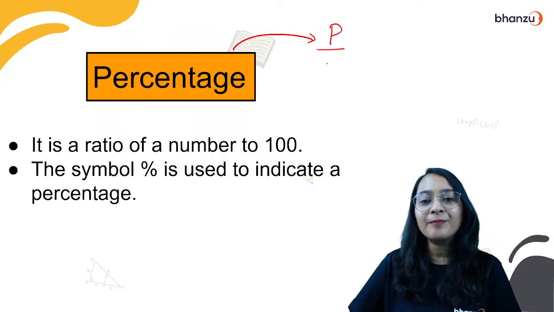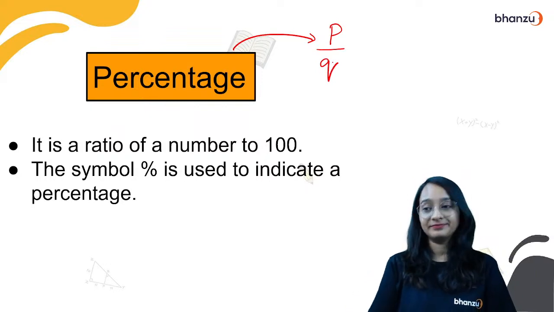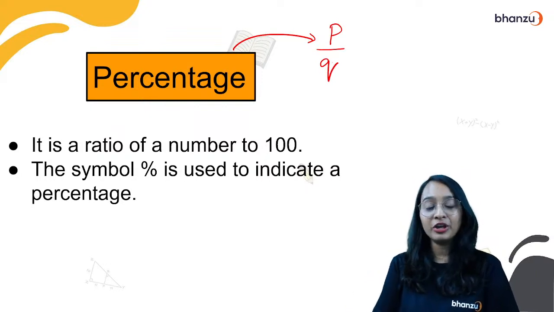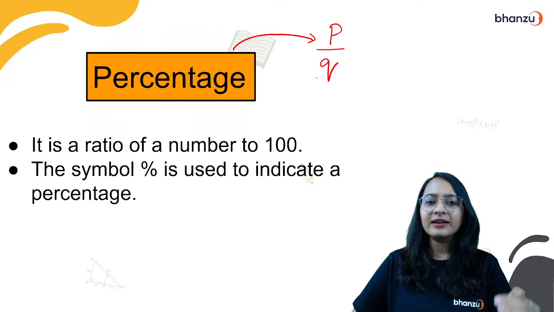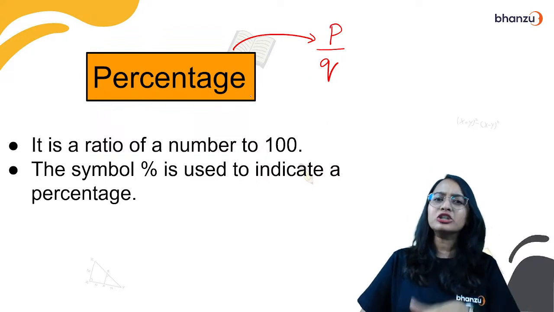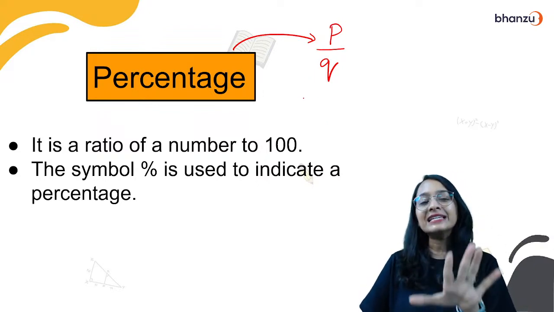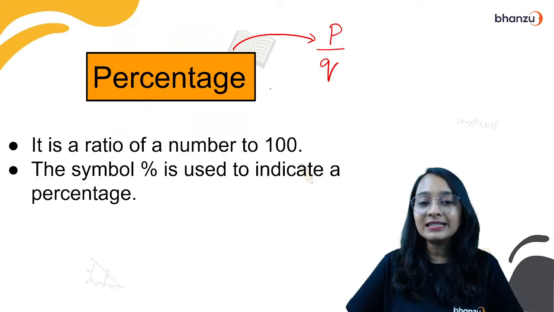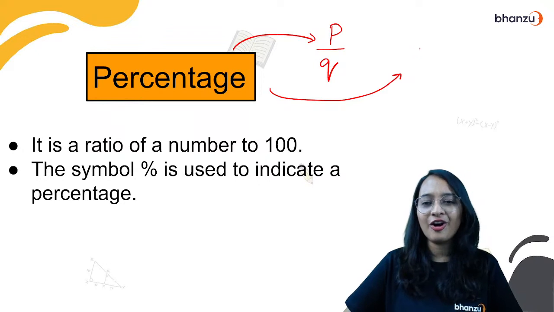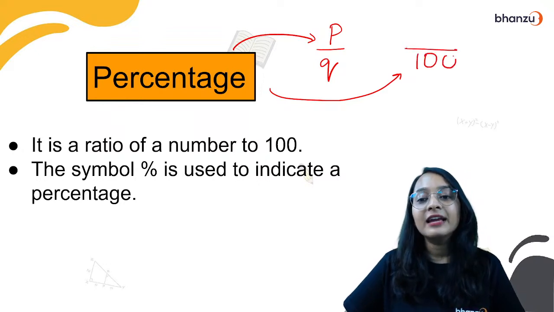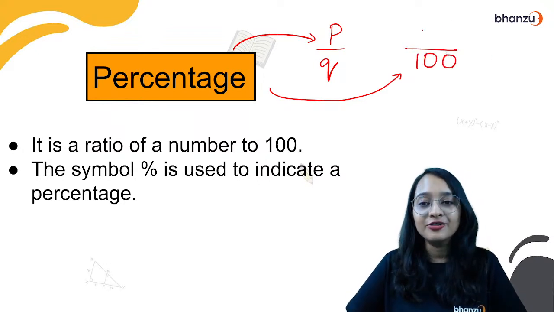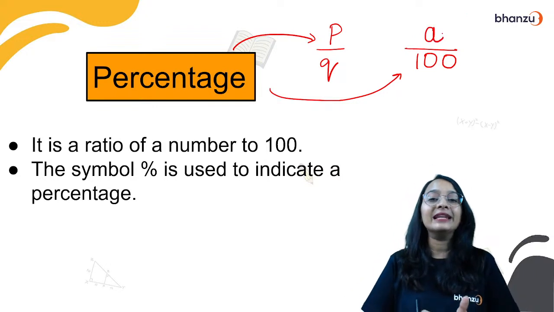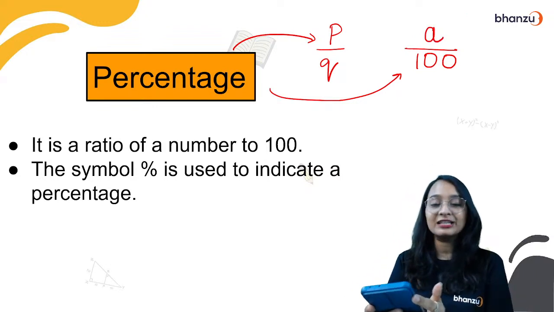Anything in the form of P by Q is a fraction. But why did I say that percentage is also a fraction? It's actually a special kind of fraction. Why? Because in percentage, it is a fraction, of course, but the denominator is always 100. The numerator can be literally anything, but the denominator is always 100.